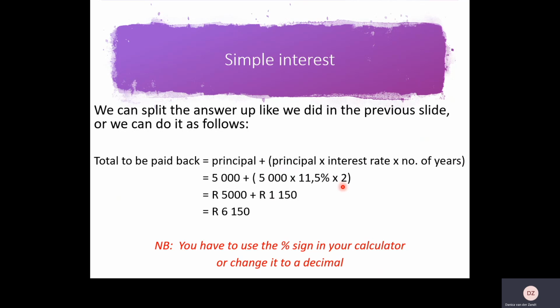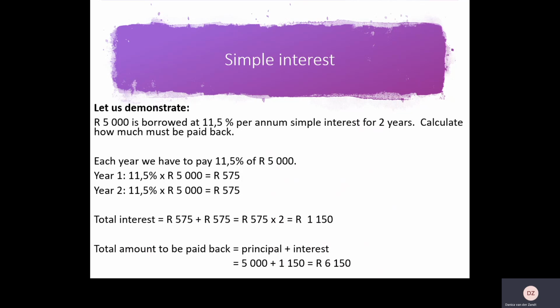If the loan was for 4 years, we would times by 4. If it was 3.5 years, we would times by 3.5. That bracket is still equal to 1,150, doing all of this together in one bracket.